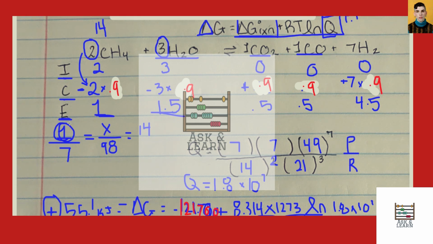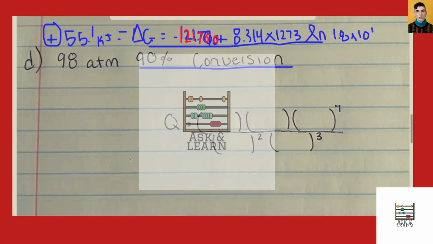Great, so that is going to give you different equilibrium concentrations for each one. You're going to add those all up as the total, and that total is going to go here, let's say Y. For CH4, you put in whatever you found for the equilibrium, divide by Y, and multiply by 98, and you will find the partial pressure. So go ahead, pause the video and try that out. If you're confused, rewind the video and watch this ice table again, and that should help you out.